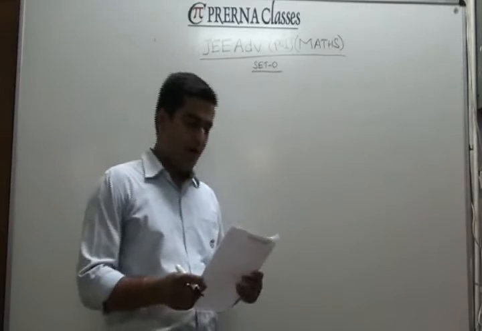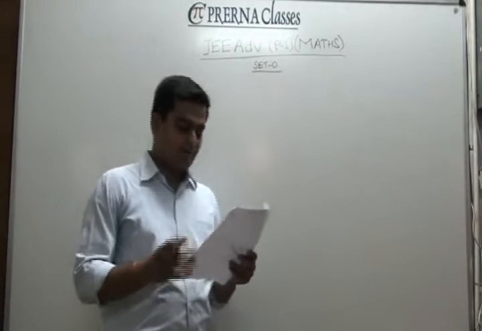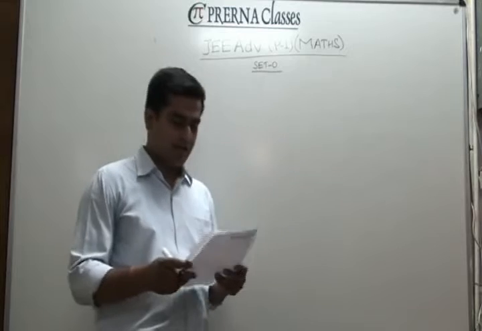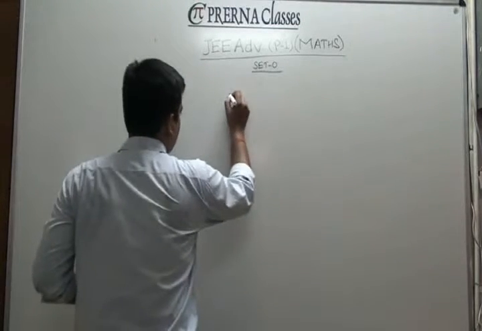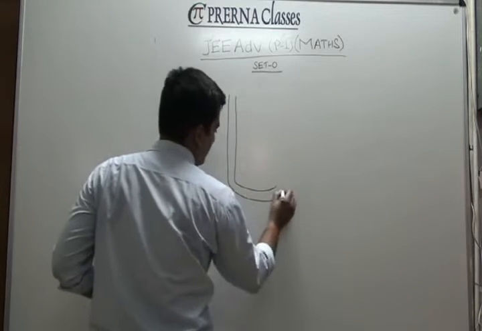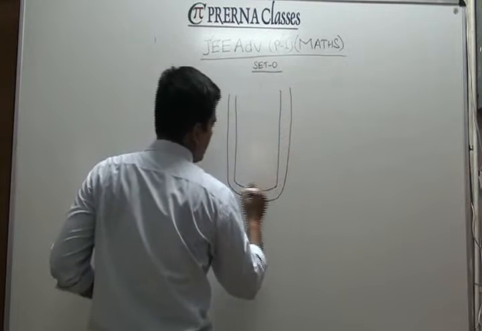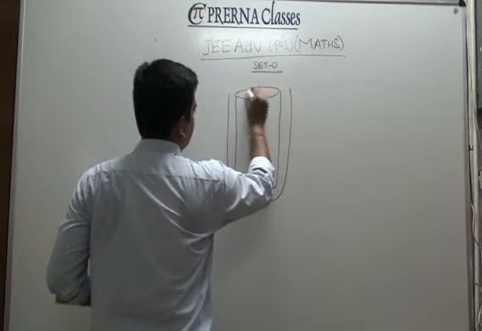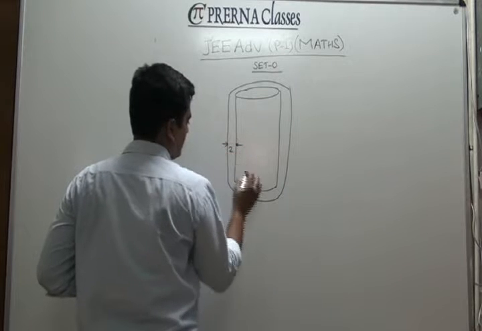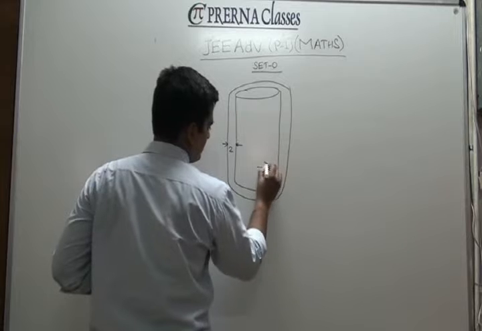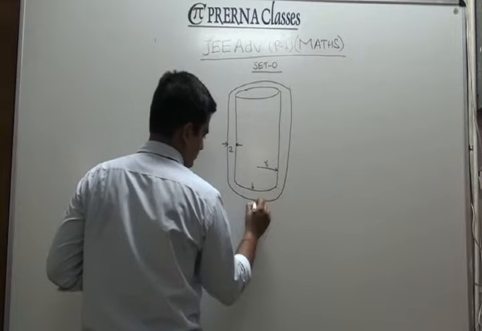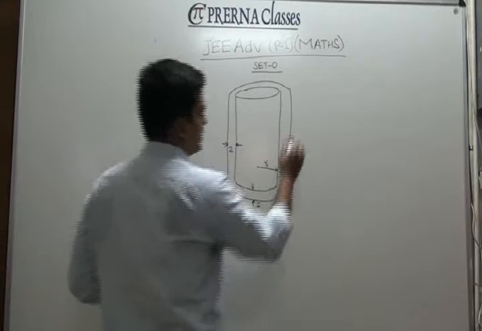Okay, in the next problem we have to find out the volume given by 250 pi, which is related with some cylindrical container, in which case all you need to do is that, and if you consider this is how the setup you have.